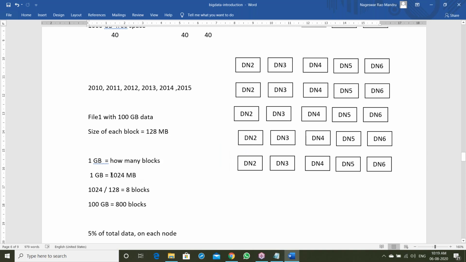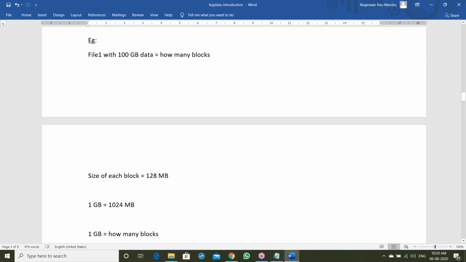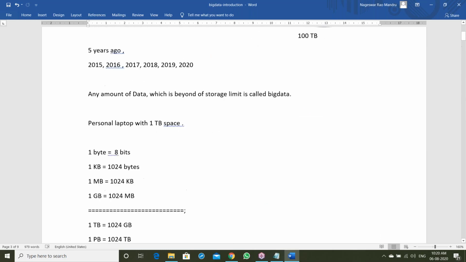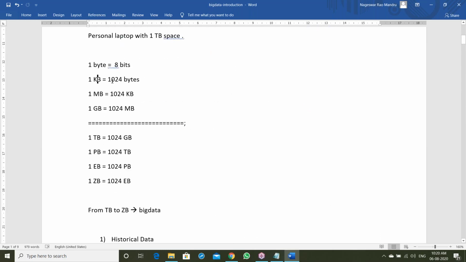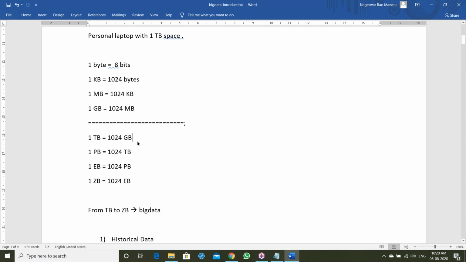See, these things we already discussed in the previous class. 1 byte equals 8 bits, 1 KB equals 1024 bytes, 1 MB equals 1024 KB, 1 GB equals 1024 MB, like this. These concepts were already discussed. I think these are basics, well known for everyone here. Yes, 1 GB is equal to 1024 MB.